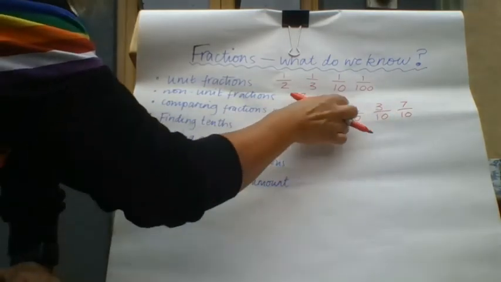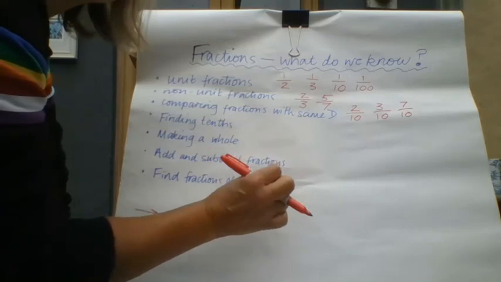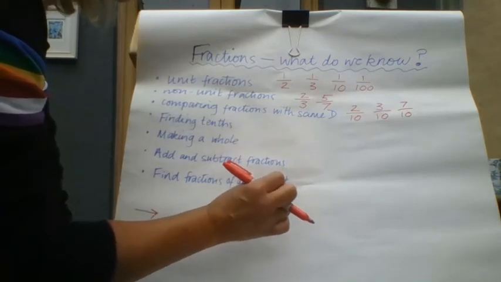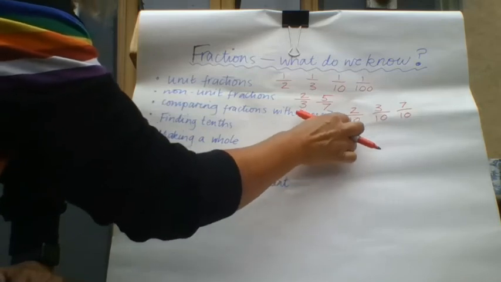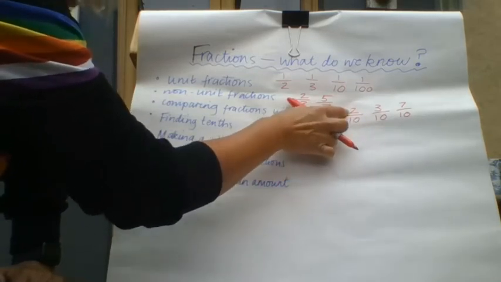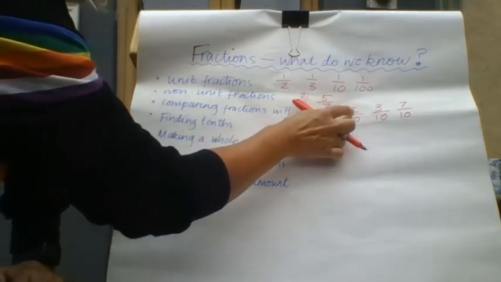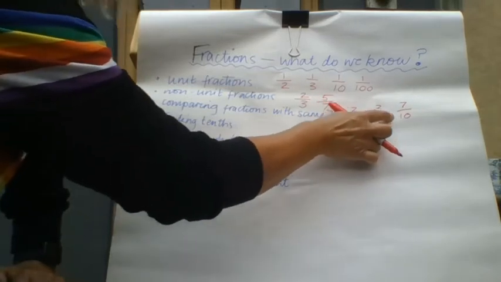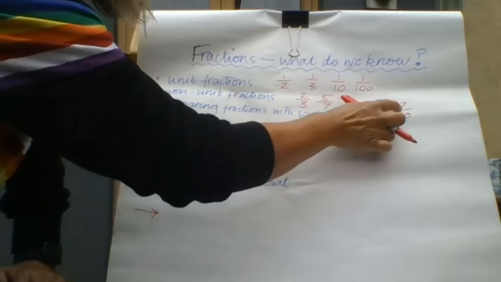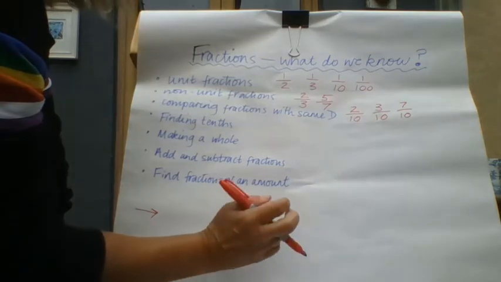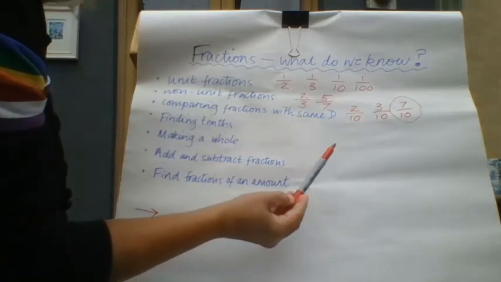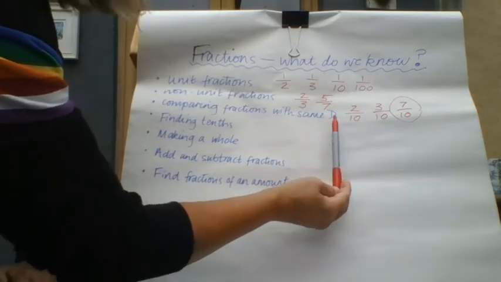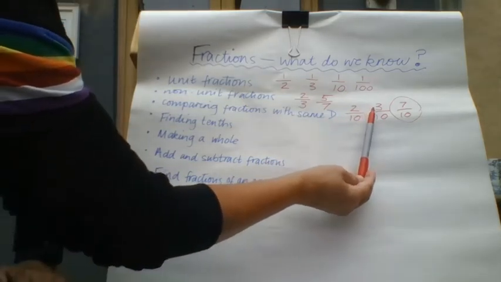So this time I look at the numerator to tell me which one is the biggest fraction. Every time I've shared my whole into 10 parts, for this one I have 2 of those parts, for this one I have 3 of those parts, for this one I have 7 of the tenths, 7 of those parts. So I can see that 7/10 would be my biggest fraction if I'm comparing fractions with the same denominator.